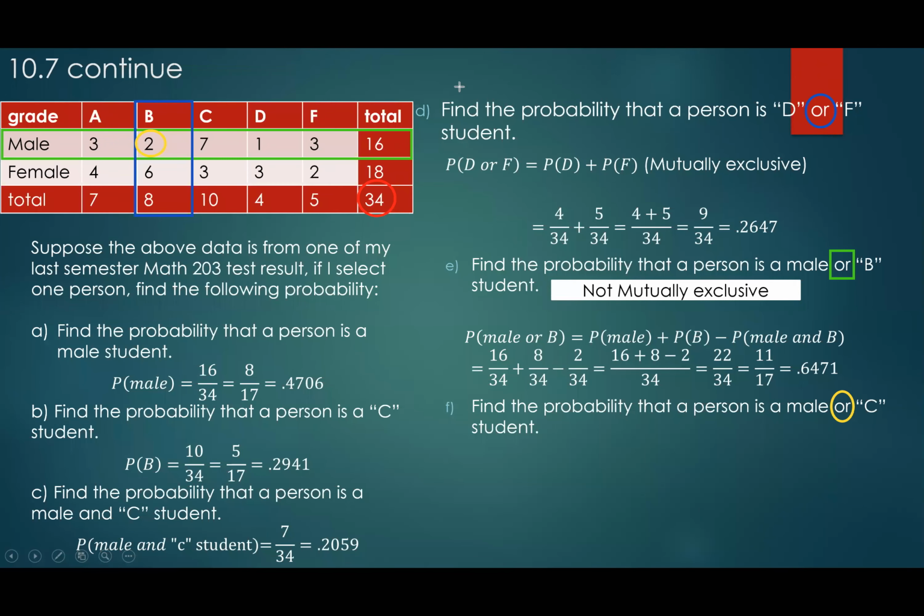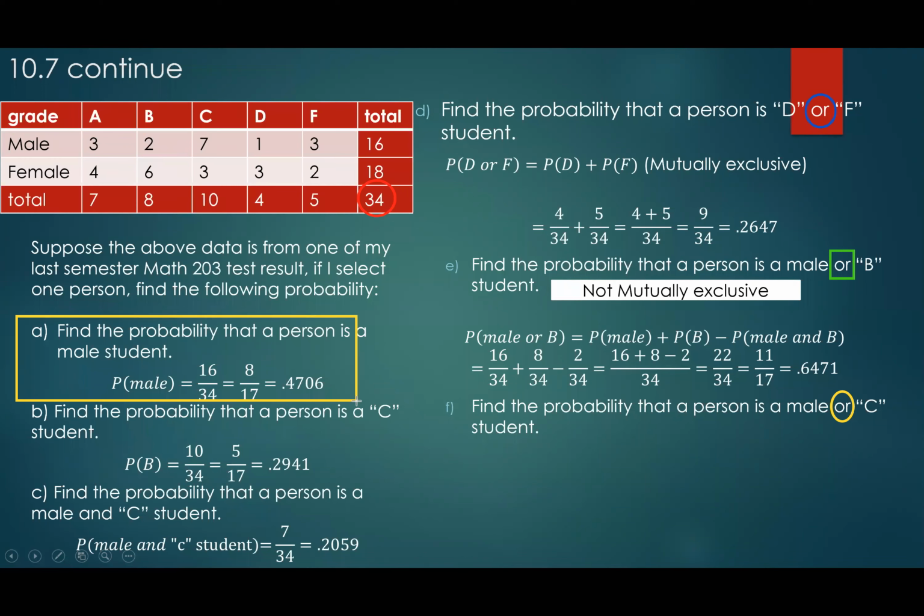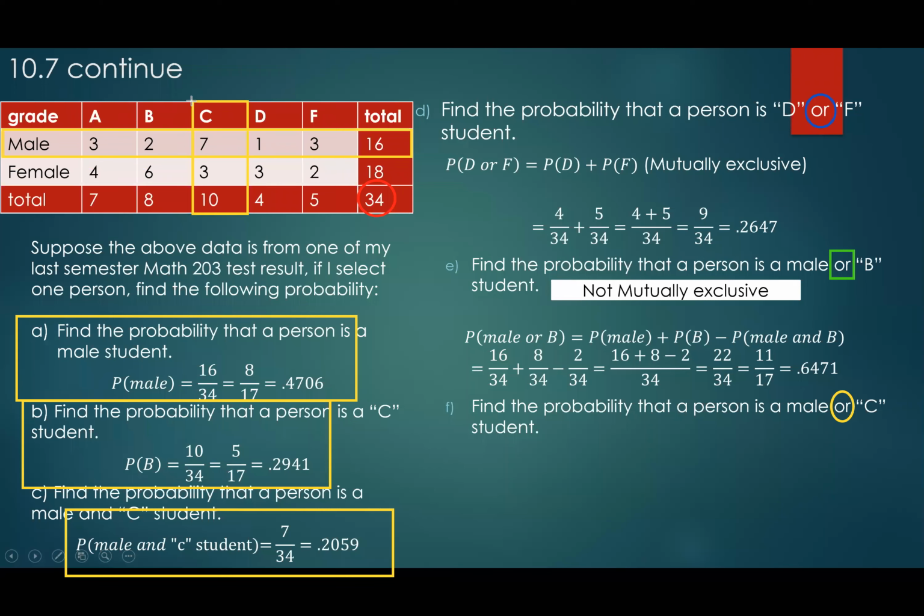This is basically the same as question A, question B with question C. Do you agree that we have a male student here and a C student here? If you were to draw this, you can see there's an intersection. The two lines cross here.